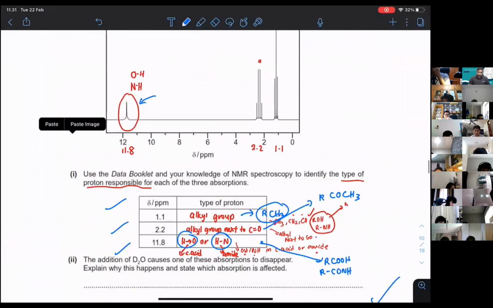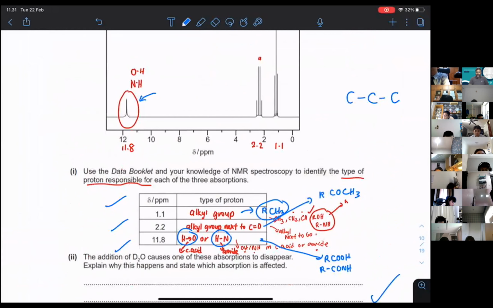There is going to be OH or NH, and there is also going to be C double bond O. So most probably if I put like this, O and then OH. And then there is an alkyl group, CH3, alkyl group next to CO. So I think most probably this will be the answer.